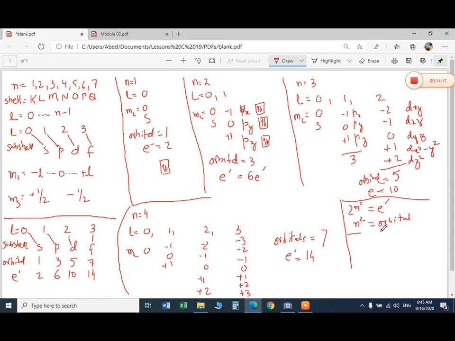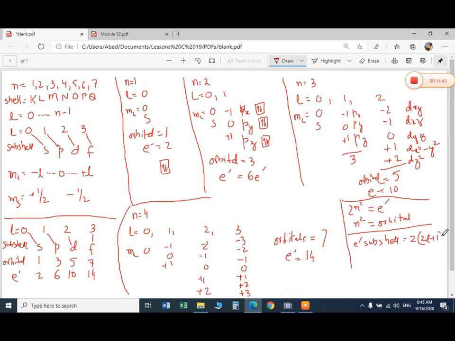The other rule is that if you want to calculate the number of electrons in the subshell, then the formula will be electrons in the subshell equal to 2(2L plus 1).